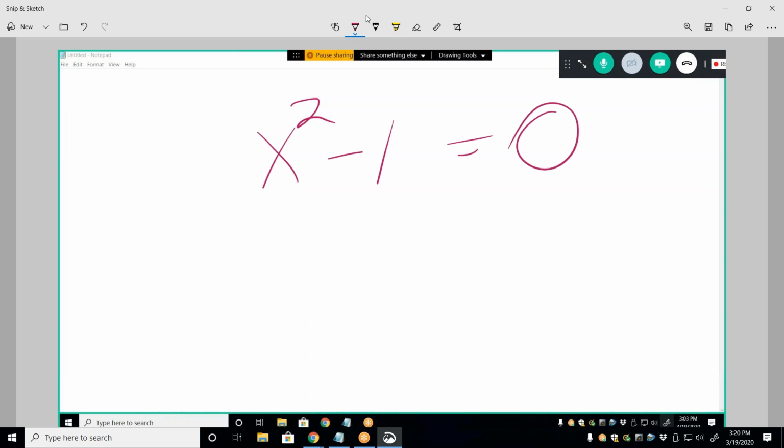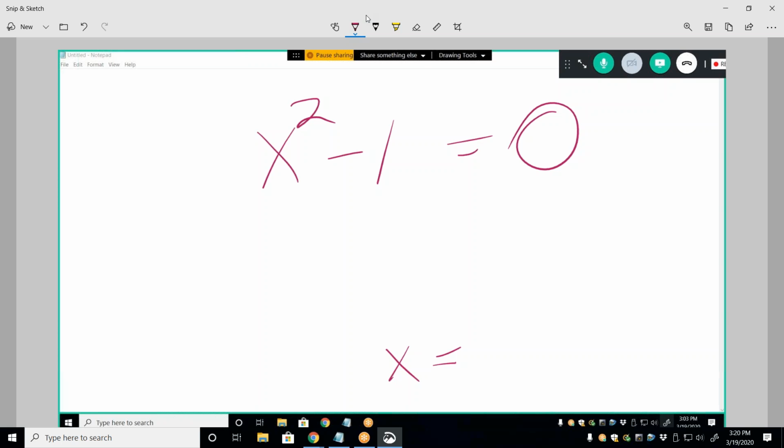How do I solve that? Remember, we're headed for this. So what do I got to do? I got to get rid of everything that's with it. Which one do I want to get rid of first?